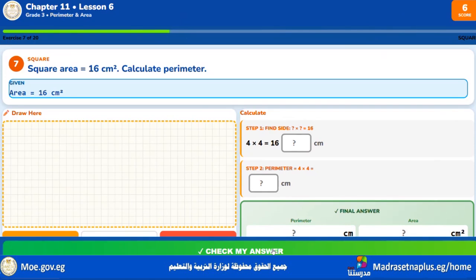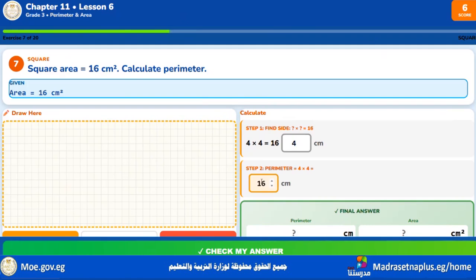We get something about squares many times. A square's area equals 16 square centimeters. Can you get its perimeter? First step, which number times itself gives 16? It's 4. So 4 by 4 equals 16 for the area, and 16 for the perimeter.